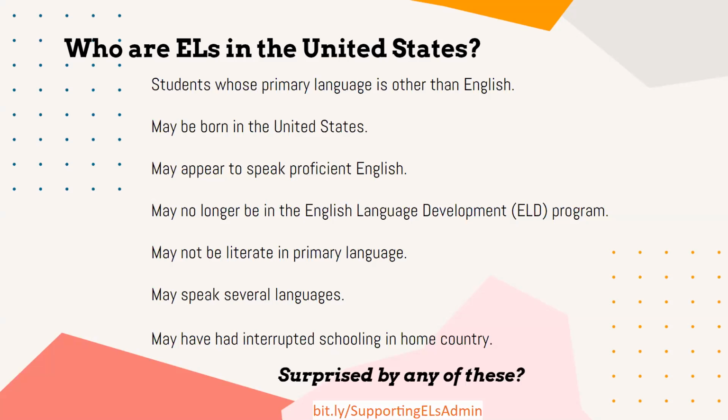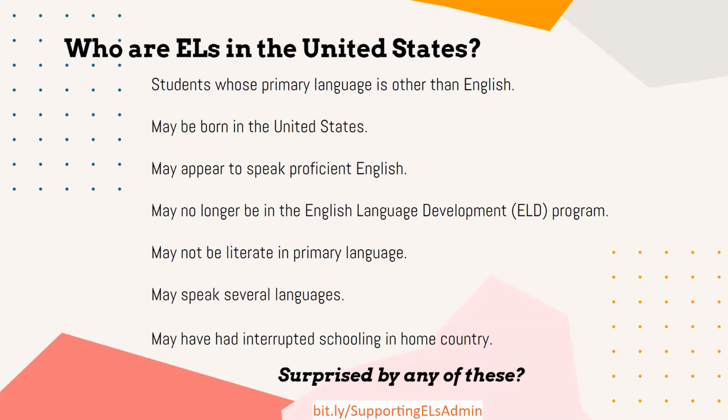And that may be because they have moved out of it and are on a monitor status, or it could be that their parents don't want their child in the program. So a parent has the legal right to refuse English support for their student, but they do not have the right to refuse testing.